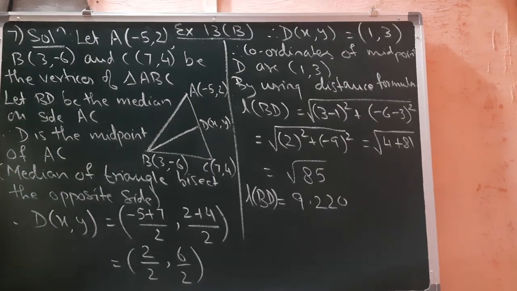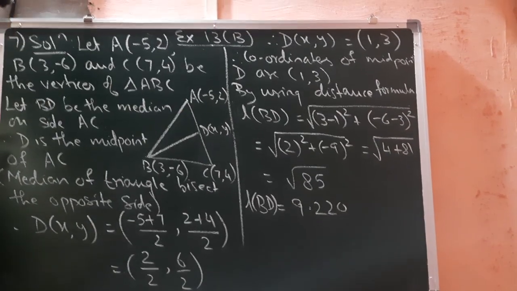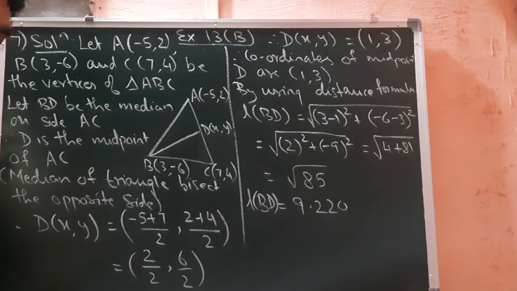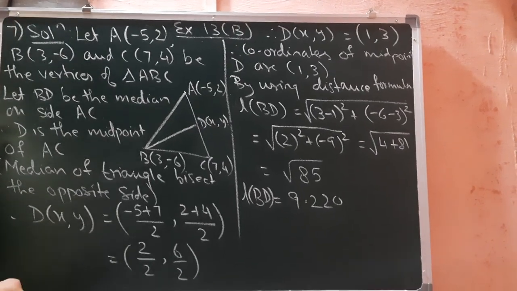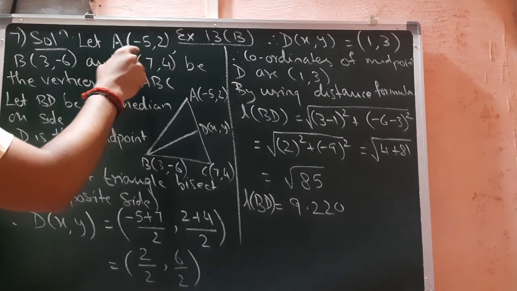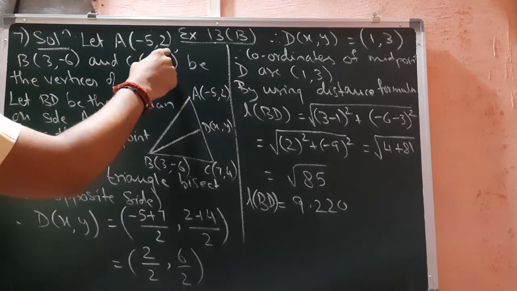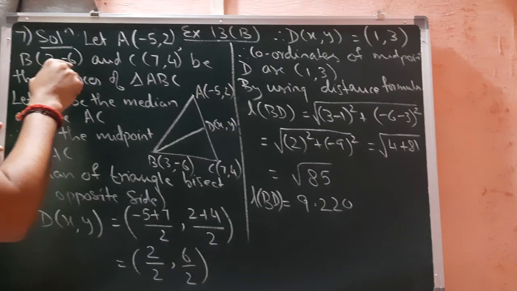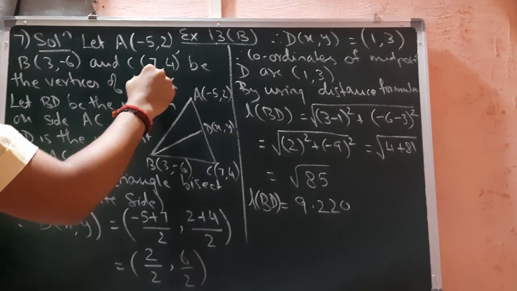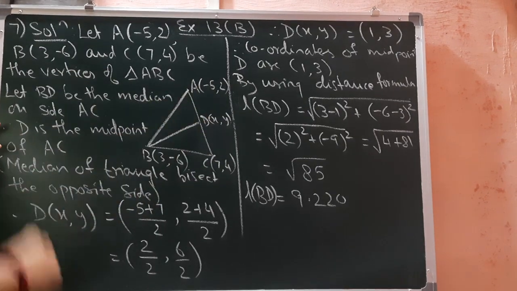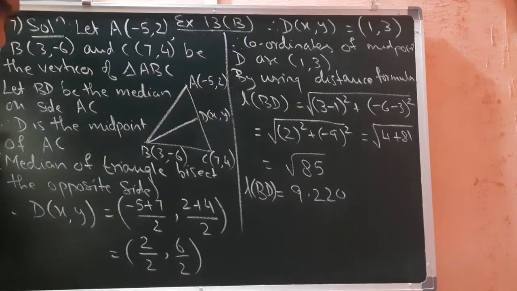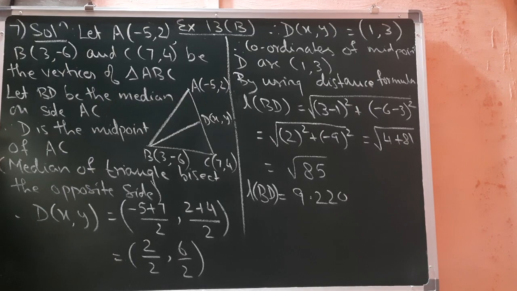Question number 7 says that the points (minus 5, 2), (3, minus 6) and (7, minus 4) are the vertices of a triangle. So let me assume A is (minus 5, 2), B is (3, minus 6) and C is (7, minus 4), the vertices of the triangle. So I draw the triangle. Now they are asking to find the length of its median through the vertex (3, minus 6).